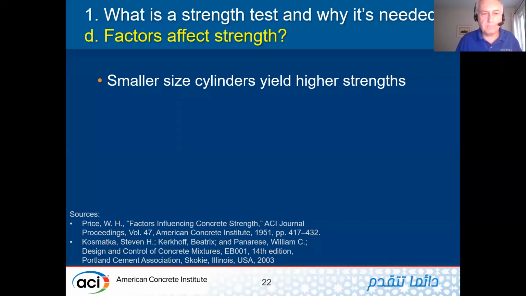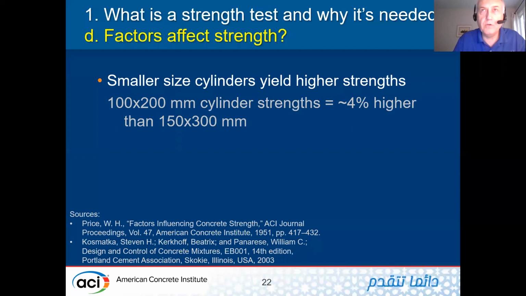It's really not that important, but I want to mention that smaller cylinder size yields higher strength. So typically, when you compare the two, you may expect about 4% higher strength with 100 by 200 cylinders versus 150 by 300 if they are made from the same batch of concrete.